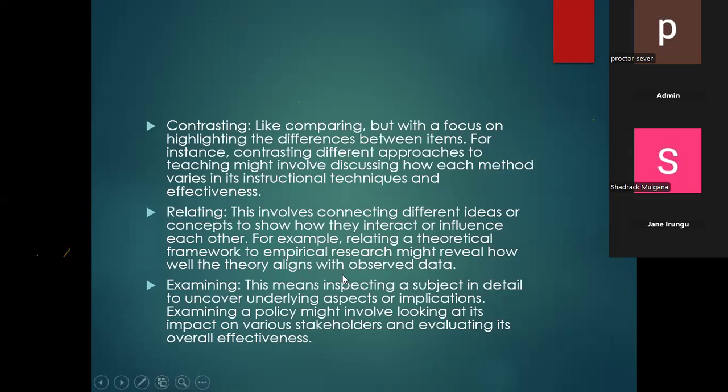And then relating. I have talked about relationships. Are you able to relate different parts of the paper? Are you able to relate this theory to this theory? Are you able to relate your theory and the empirical research? Empirical research are the people who have done research similar to your work. So you relate your topic to what they have done, and then you find a gap.